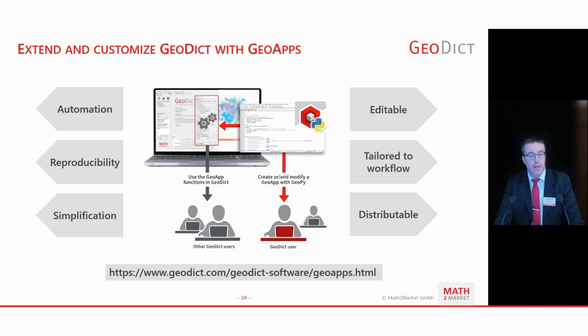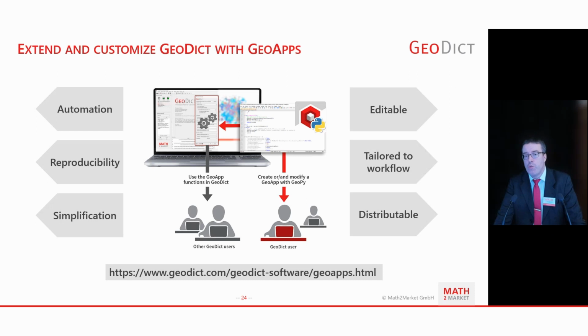What we've seen today is easily editable workflows, reproducibility at the beginning, that you can store and rewind your workflow, that you can use GeoPy to tailor your workflow to your needs. They have huge simplification in that the UI only covers those parameters you actually want to use and not everything which you won't change.